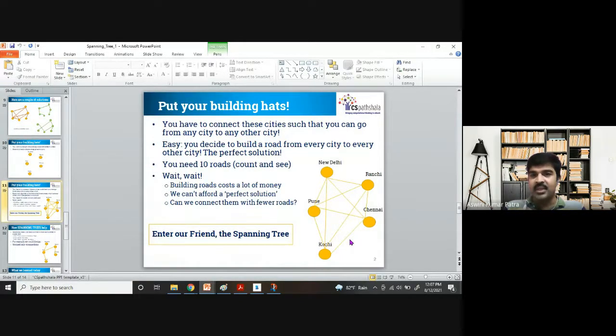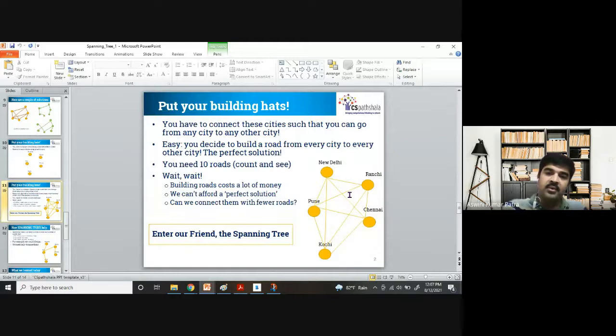So we have to connect all the cities in such a way that we can start from one city and cover all the cities. So you decide to build a road from every city to every other city. It's a perfect solution, isn't it? This way I can do my job.